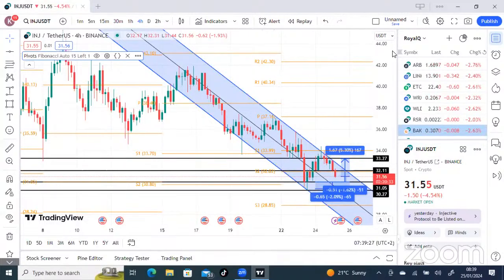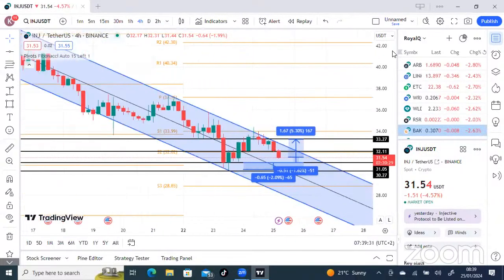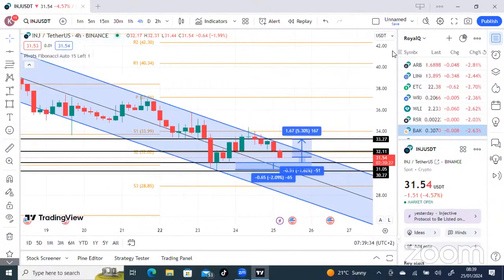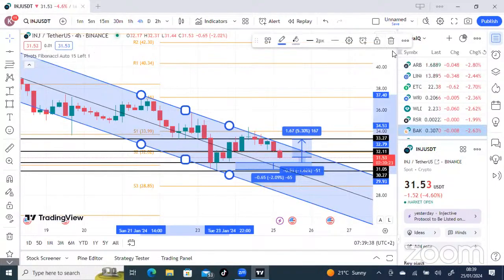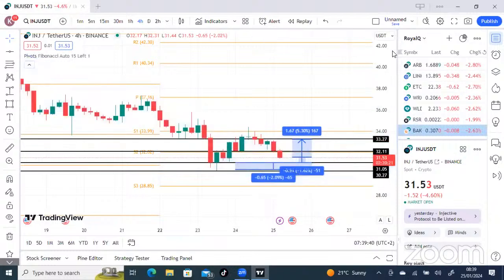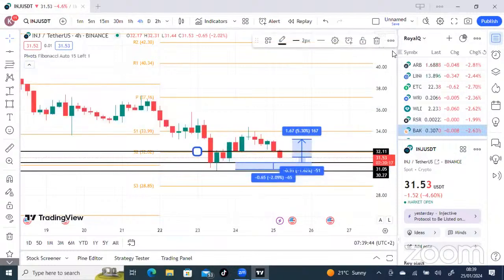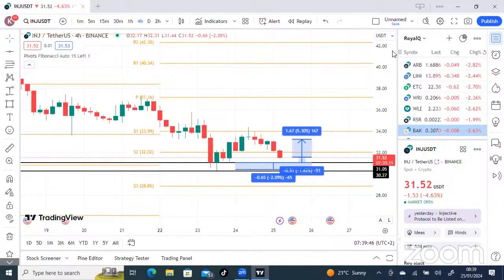I'll explain the indicator so much tomorrow, but the indicator will always show you areas of support and areas of resistance. Let me remove my lines so that I could show the indicator.